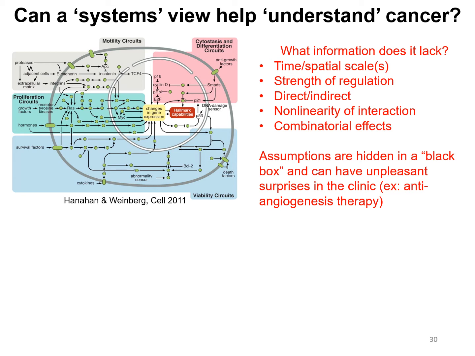So various of these assumptions are actually hidden in a black box, and that can give rise to some unpleasant surprises in the clinic. For instance, once anti-angiogenesis therapy was tried for cancer patients, angiogenesis is the growth of new blood vessels. So the idea was that if you stop the growth of new blood vessels, you should be able to restrict the growth of cancer.